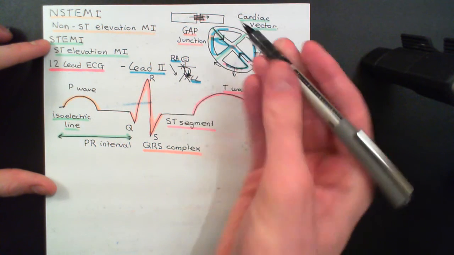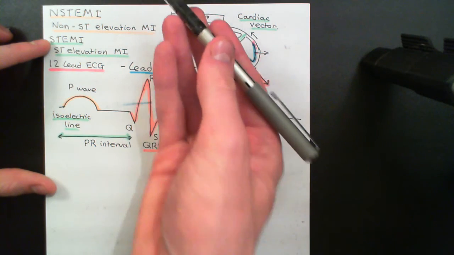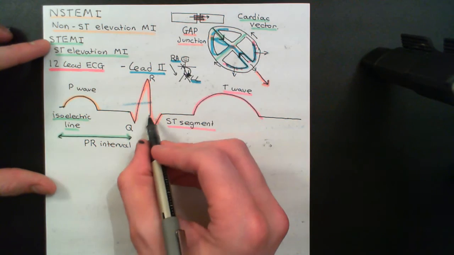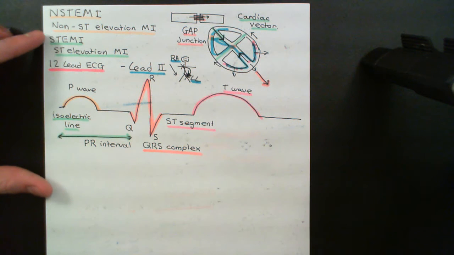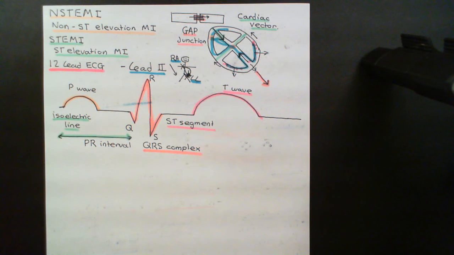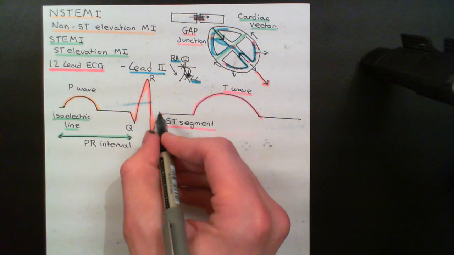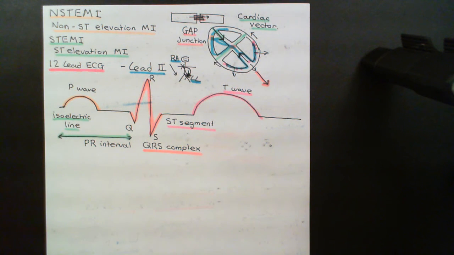So the cardiac vector is therefore going to be pointing in this direction, i.e. towards the right arm and away from the left leg. So you're going to get, therefore, a downward deflection in the ECG trace here. The electrical potential difference from right arm to left leg is going to become negative. Okay, and again, it's short-lived, so you'll go back up to the isoelectric line very quickly. So that's the QRS complex, that's ventricular depolarization.